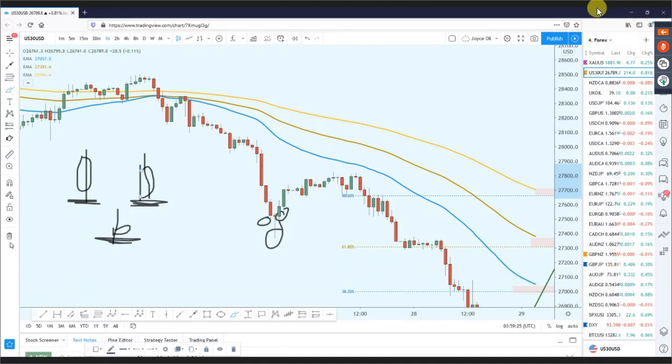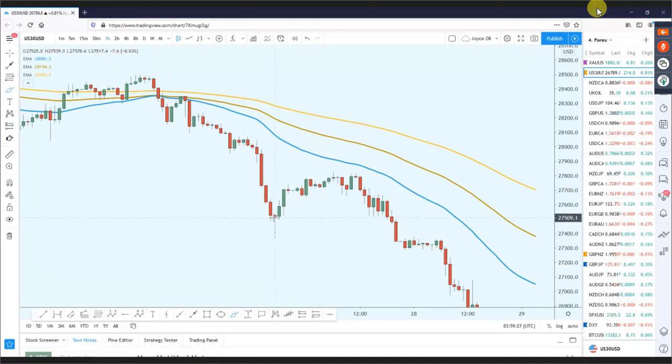Let me erase all of that. So you can see 1, 2, and almost equal low. This is a reverse head and shoulder. So this is a sign for reversal.